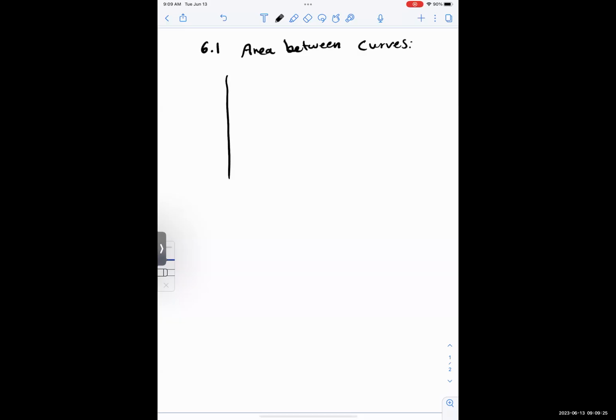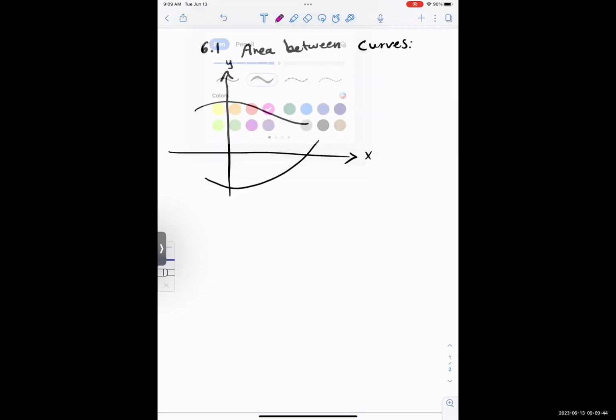Let's imagine that you have two curves. These two curves could be anywhere on your x and y axis. So let's say this is one, and this is another one. The graphs are going forever. Let's say you want to find the area from the point A to point B between these two curves.